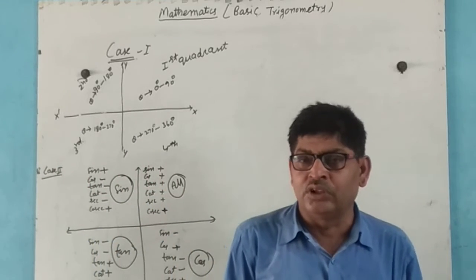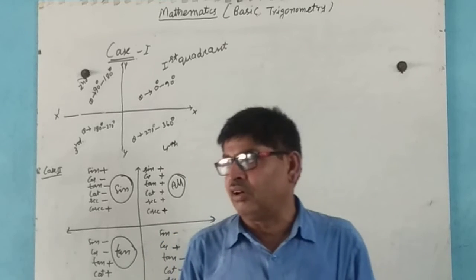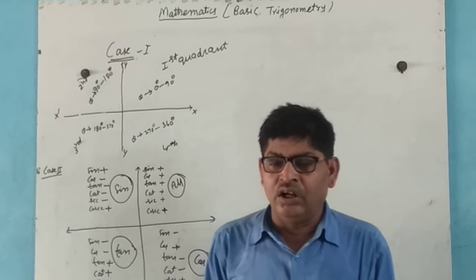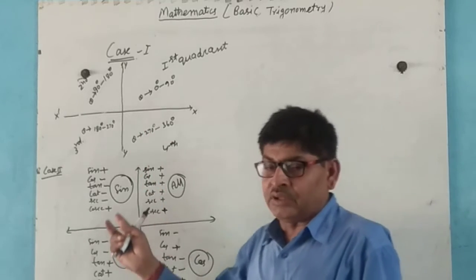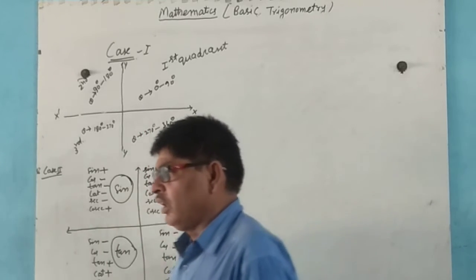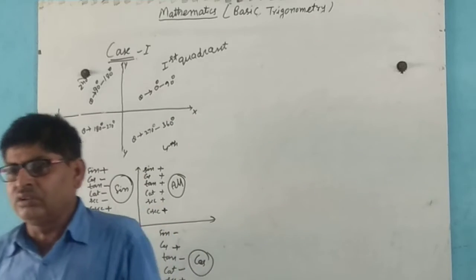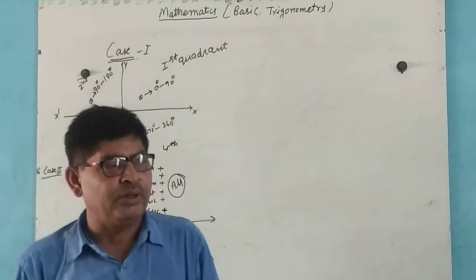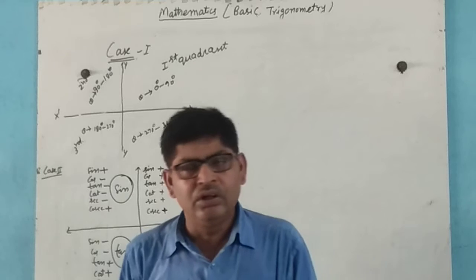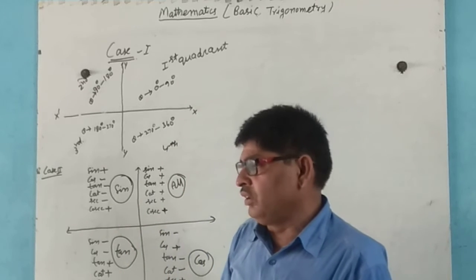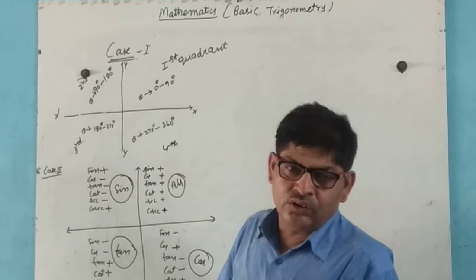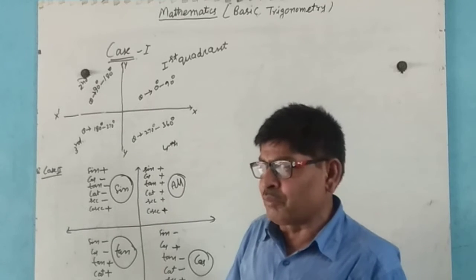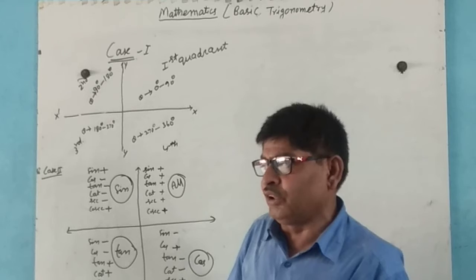सभी धनात्मक होंगे, साइन, cos, tan, cot, sec, cosec. और साइन में साइन का मतलब साइन का रेसिप्रोकल कोसेक होता है, तो साइन एंड कोसेक आर पॉजिटिव, रेस्ट आर नेगेटिव. All sin, tan, third quadrant, in this quadrant, all sin, tan and cot are positive, rest are negative.